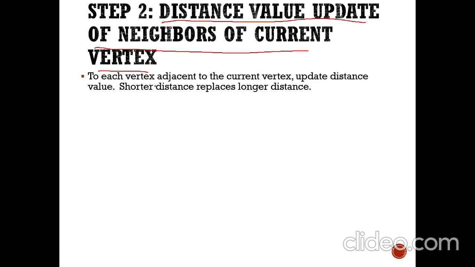To each vertex adjacent to the current vertex, so in other words, neighbors of the current vertex, we will update distance value. Of course, shorter distance replaces longer distance. If the distance is longer, then that means the shorter distance stays.